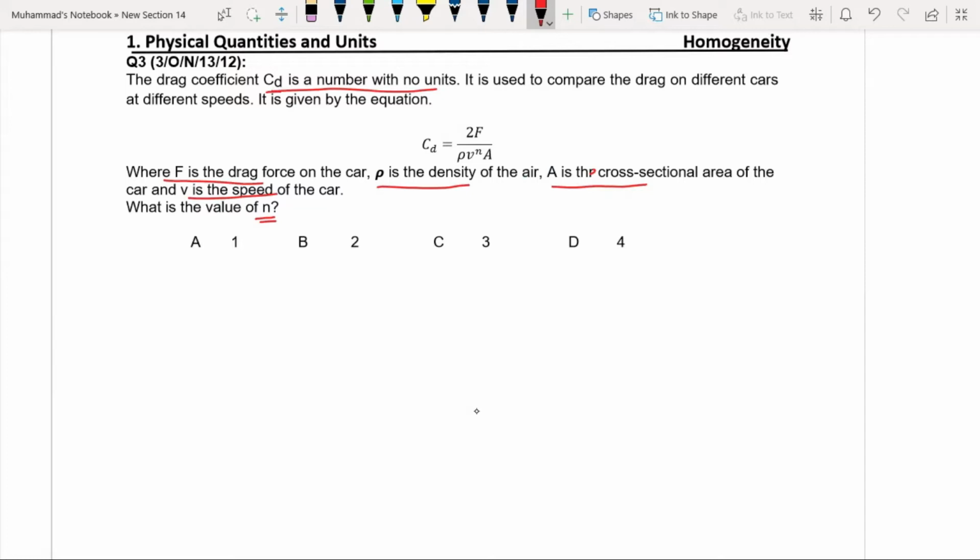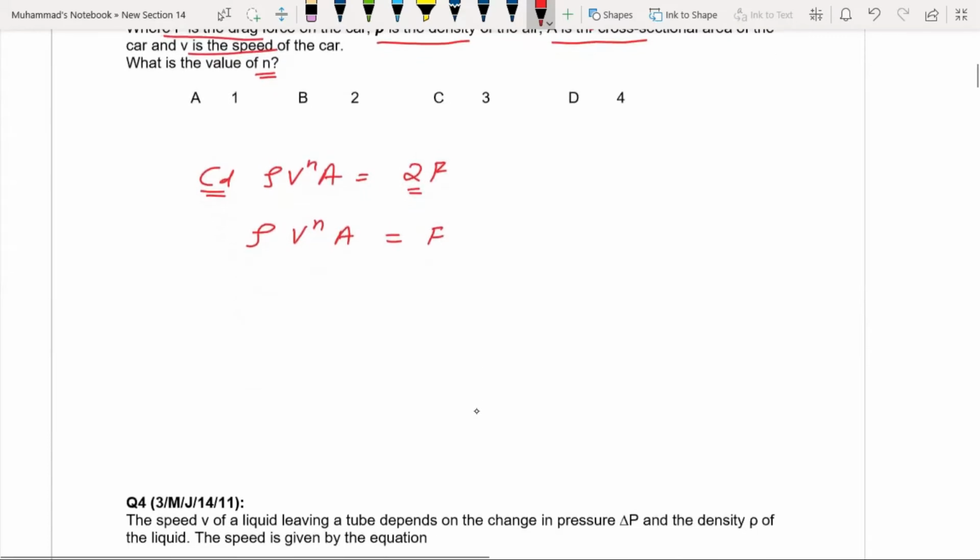So let's rearrange this equation to make it more comfortable: CD times rho v power n times a equals 2 times f. You know that the constants CD and 2 have no contribution in homogeneity, so we can skip these two, that is rho v power n times a equals f. Now you have to put SI base units.